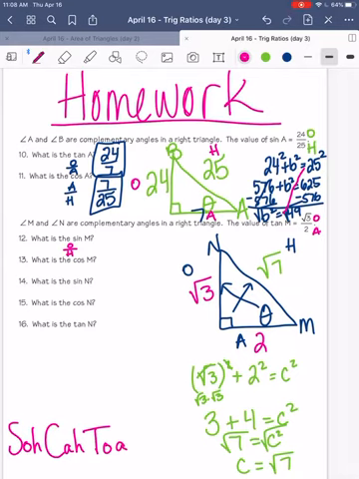I've had a lot of practice, so this comes pretty quickly to me, but I understand some of us will need to look at this, and it'll come quickly to you over time. All right, so sine is O over H, so our O is root 3, and our H is root 7. Now, we haven't seen this exactly like this, so we should not leave it like this, because the root 7 is in the denominator, which is a no-no.